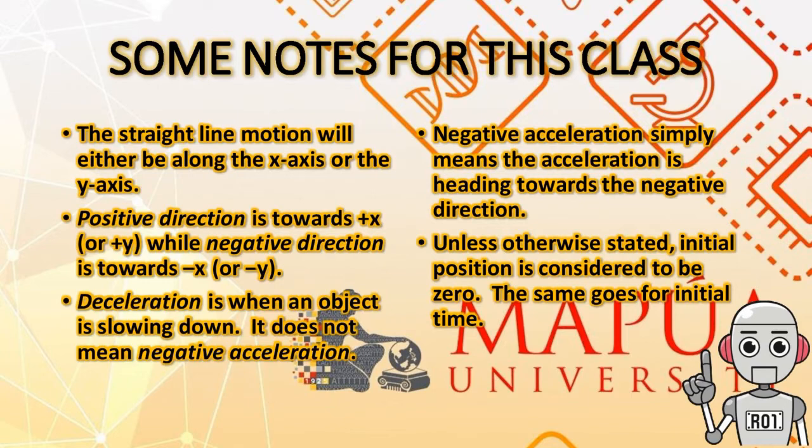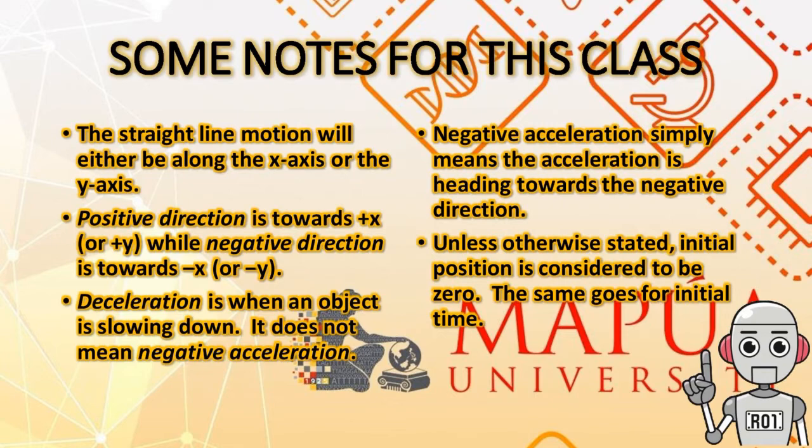For the x-axis, you have the positive direction, heading towards positive x, and the negative direction, heading towards negative x. And for the y-axis, you have positive direction heading towards positive y, and negative direction heading towards negative y.